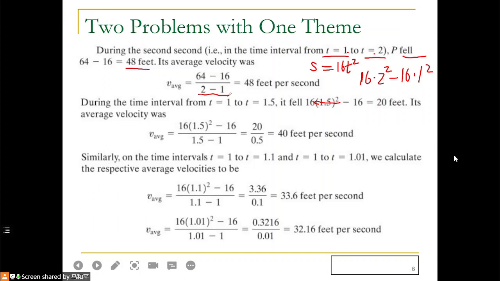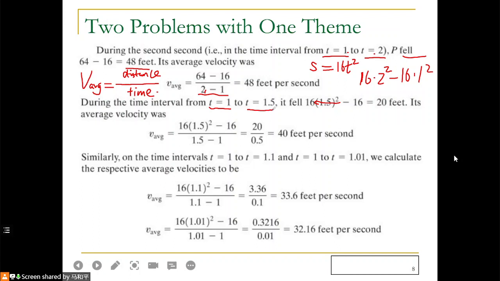So the average velocity, we write v_avg, is the distance over the time we have spent. So the distance is 48 over 1, so it's 48 feet per second. But during the time interval from t equals 1 to t equals 1.5, we also want to calculate the average velocity.